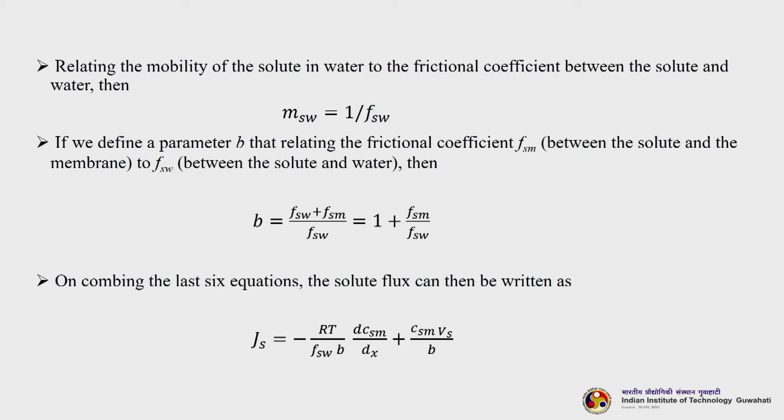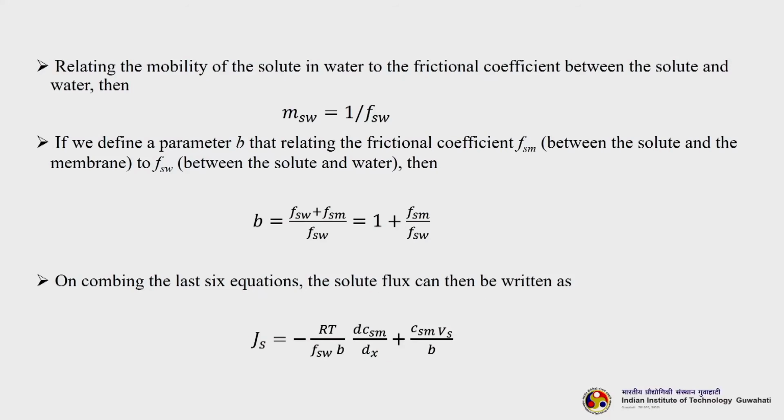Relating the mobility of the solute in water to the frictional coefficient between solute and water, M_sw equals 1 over f_sw. We define a new parameter B relating the frictional coefficient f_sm between the solute and the membrane to f_sw between the solute and water, so that the friction between the solute and water as well as the solute and membrane is taken into account.